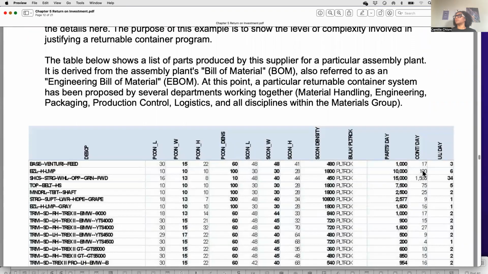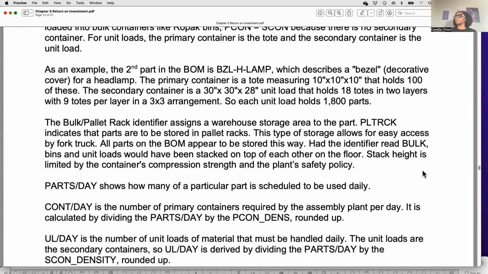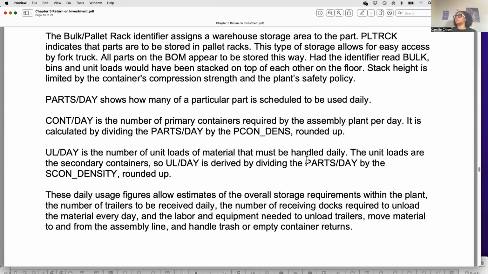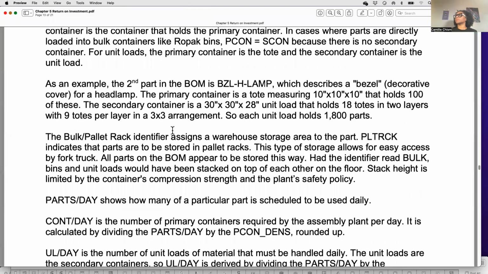So what did they do? They took, in this example, the primary container density, rounded it up, and then divided it by the parts per day. The unit loads per day is the number of the unit loads that they need to handle every day.